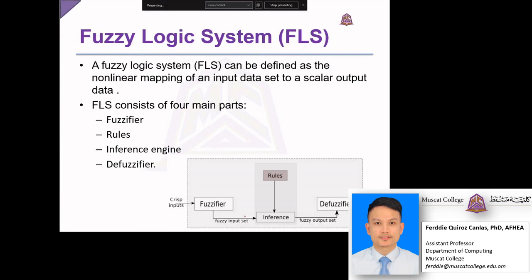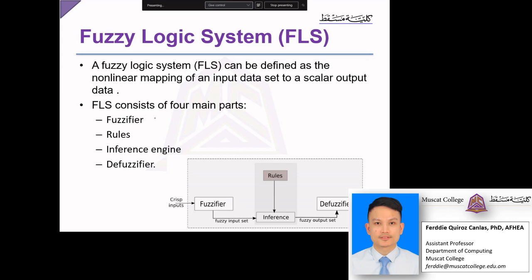So the fuzzy logic system is a non-linear mapping. It's a non-linear mapping of an input data set to a scalar output data. I'm talking about some technical terms here, but we could have a full grasp of them later on as we go with the discussion.